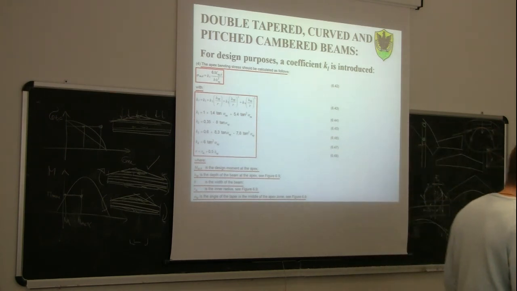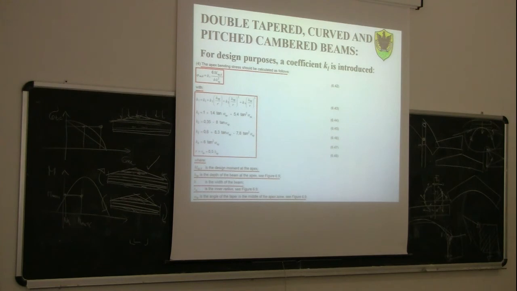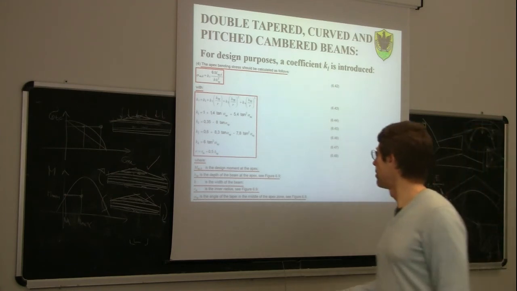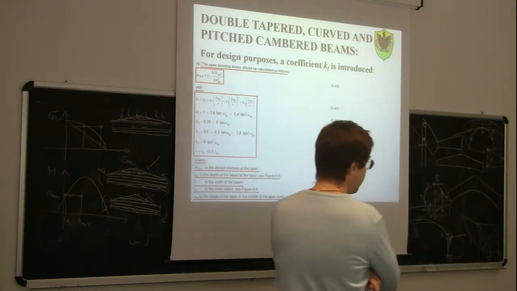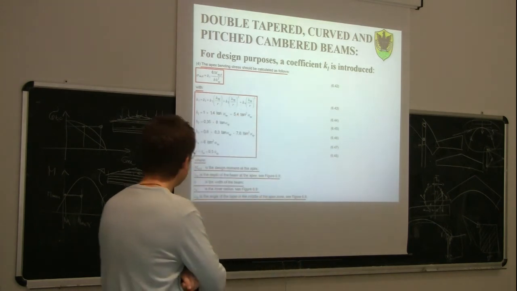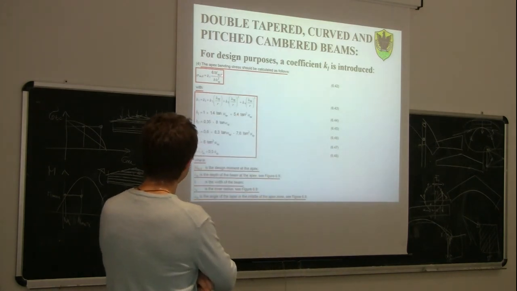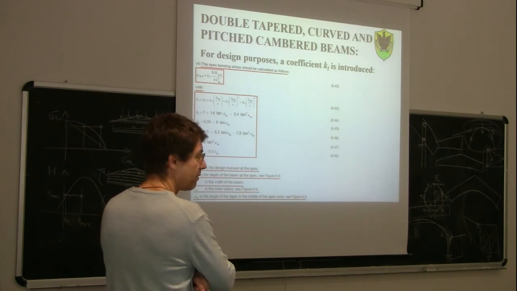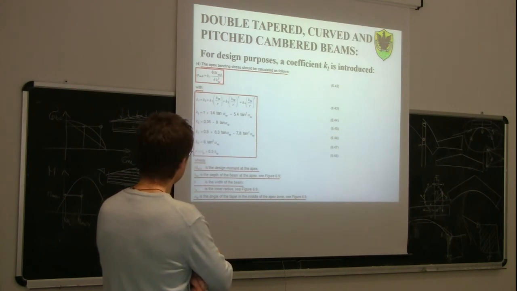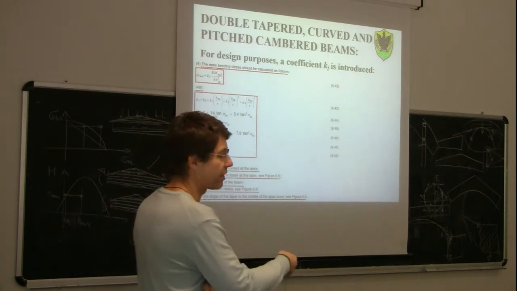So, for design purposes, the regulation always considers the validity of the Navier formula, the bending formula, but introduces a correction coefficient. In this case, we can calculate sigma m,d using the normal Navier formula: 6 times M ap,d divided by b h ap squared, which is basically the Navier formula, because it's M over b h squared divided by 6, so M over the section modulus.